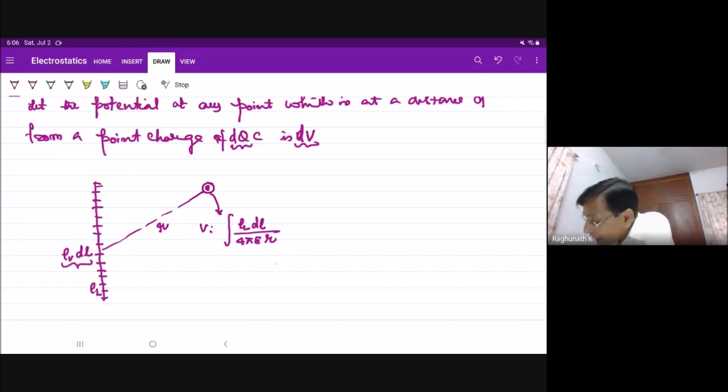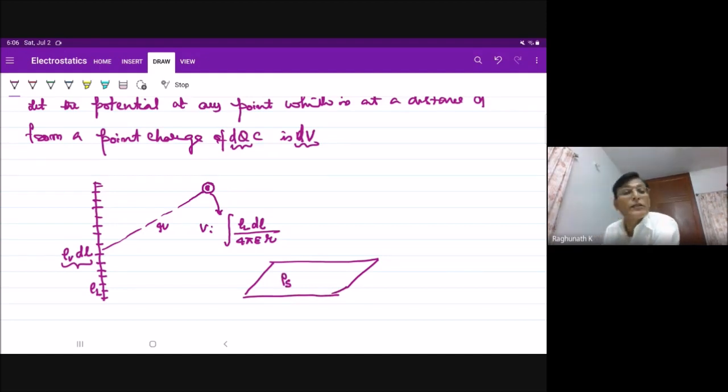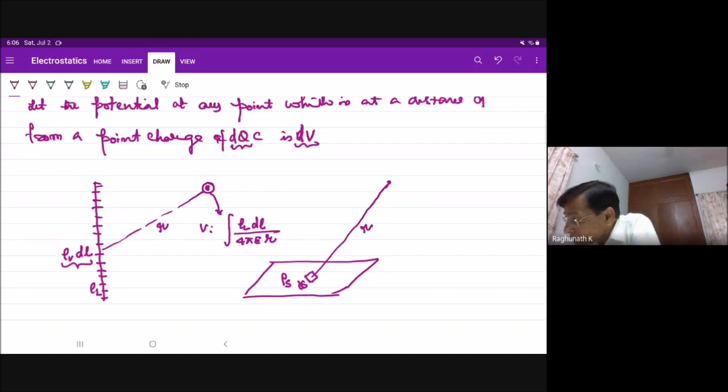If I have a surface on which charge is distributed with charge density rho s, then at a general ds, the point of interest is at a distance R. When it is possible to talk about a vector, I can always talk about the magnitude of the vector from a general point to the point of interest, and that magnitude is R. What is the potential V at this particular point?